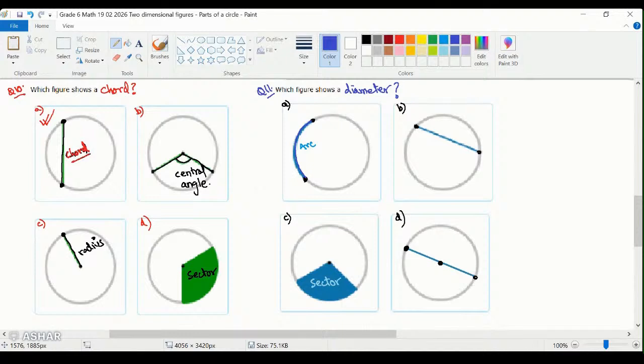A sector is always a slice taken out from a circle. A sector can always be referred to as a slice of pizza. Whenever you're looking at a slice, that would be a sector, okay? Compared to that, the central angle will have an angle marked on it, right? Let's study. Now we have to see which one is a diameter, option B or option D. Yusuf, can I have the answer?